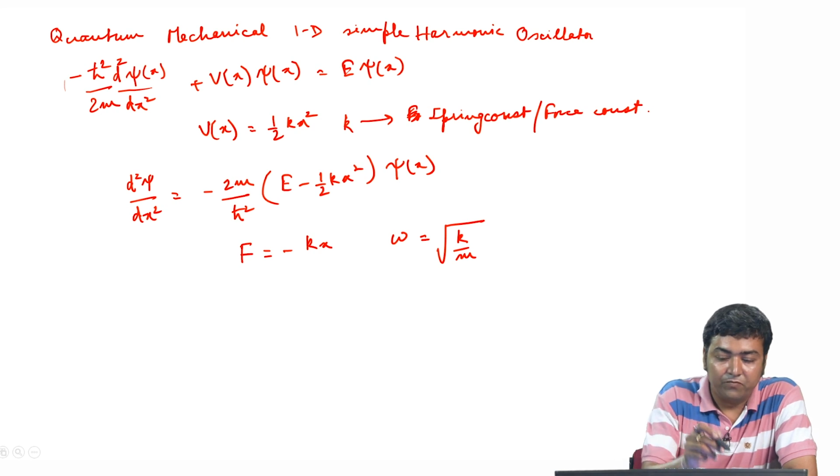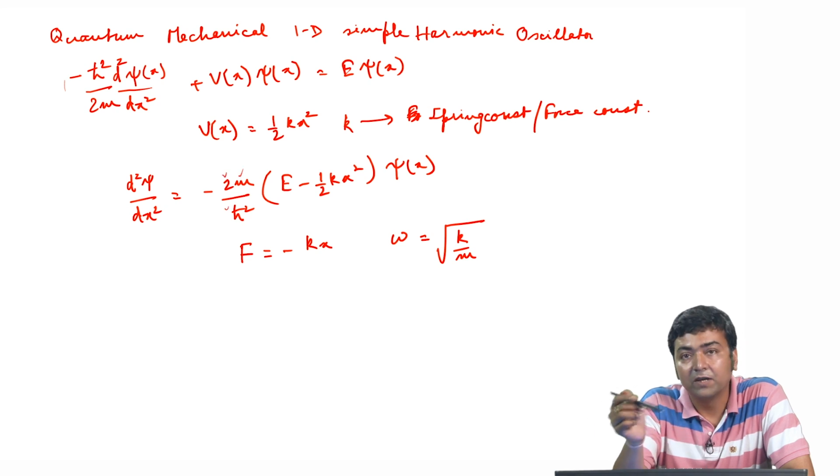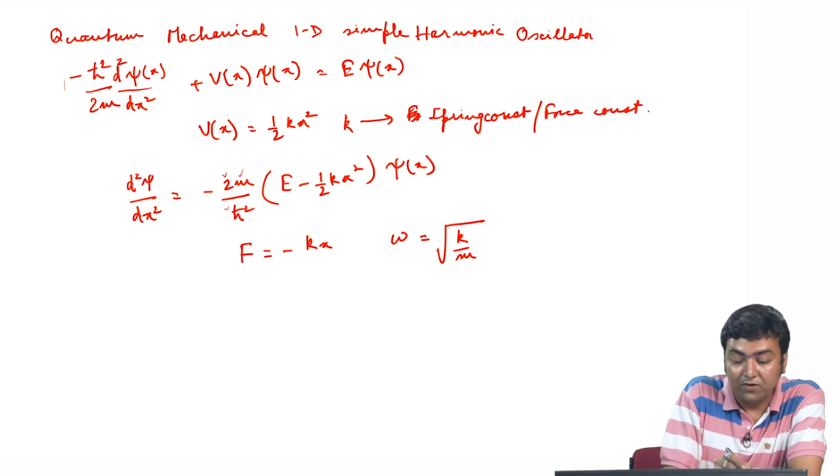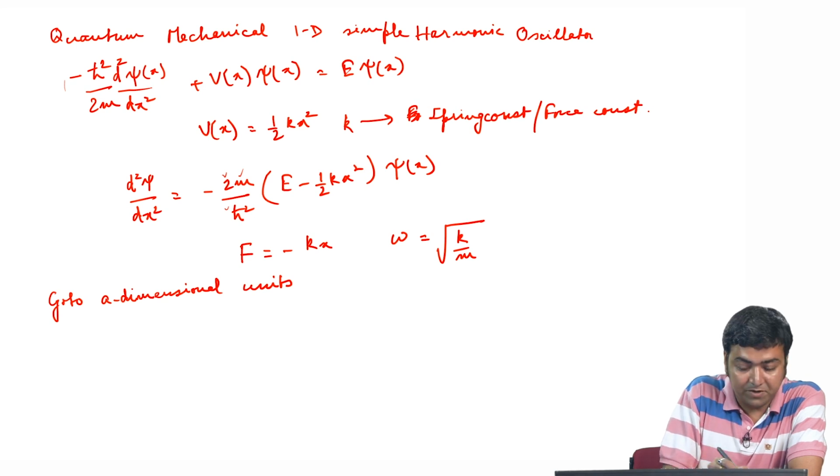Now, when trying to do the Numerov algorithm, we will not carry on along all these different variables. So, what we will do is some transformations. We will go to a dimensionless system or dimensionless units. To achieve that, we define some new variables.